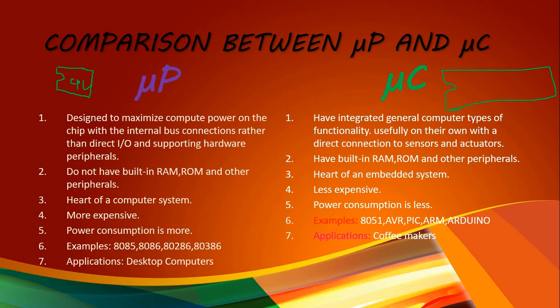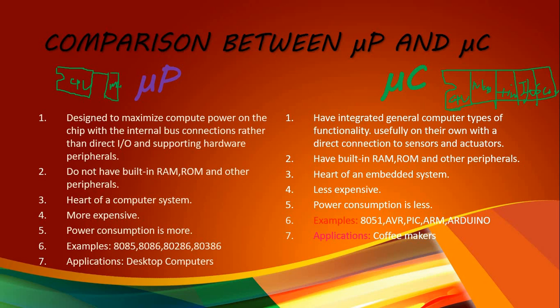Okay, what are the peripherals we are having? Here we have CPU, here we have memory, here we have timers, next IO ports, serial communication registers. Here we have all those things also, but all are connected separately.